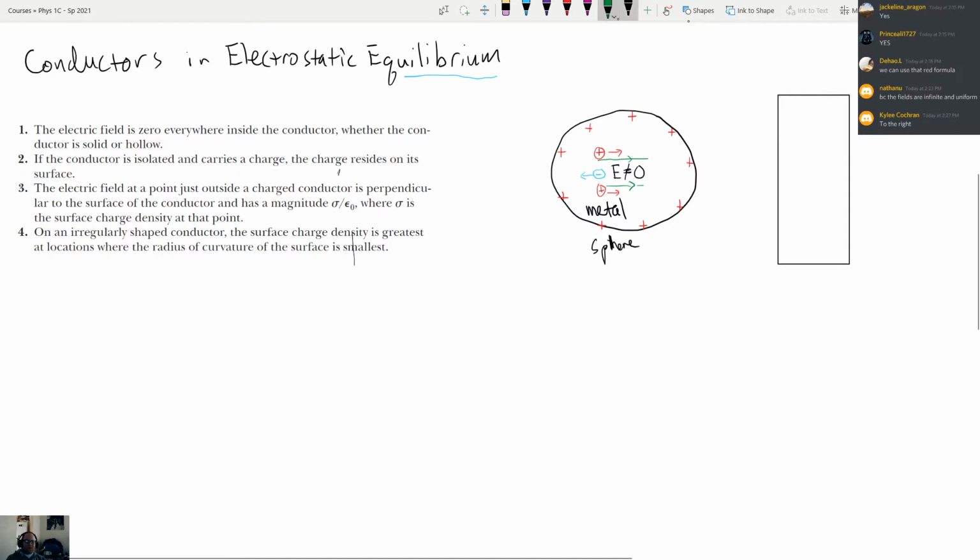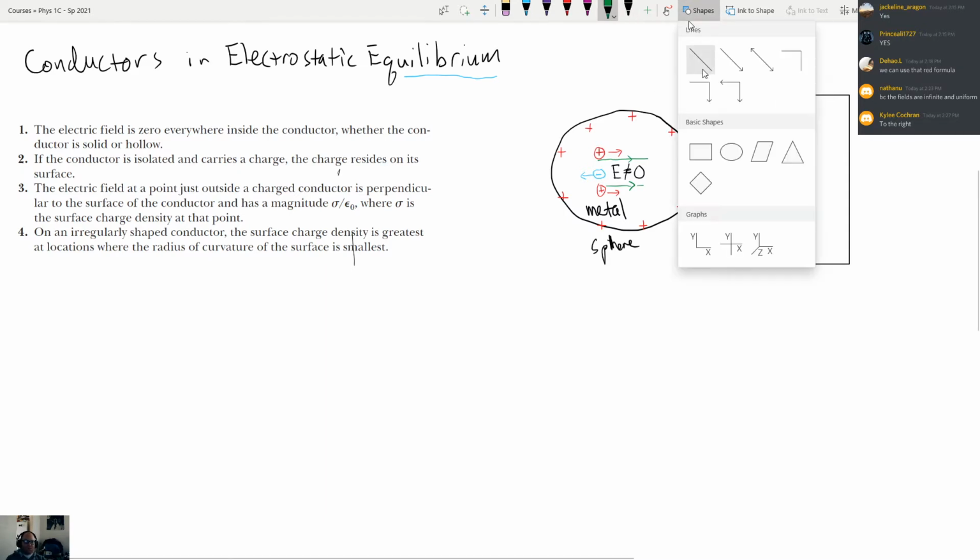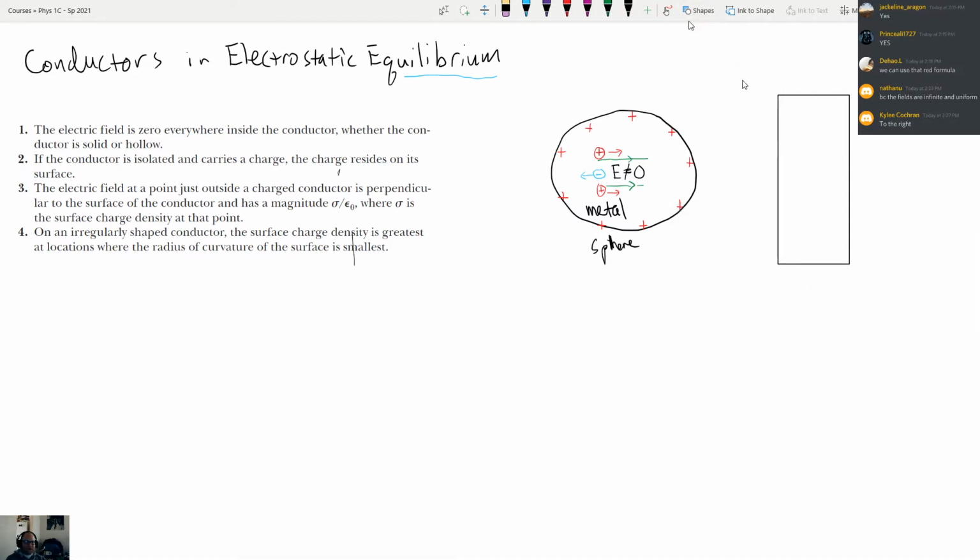We're going to call this the external electric field. So you have a piece of metal and you apply an external electric field to it, and let's say it just goes straight through our object.